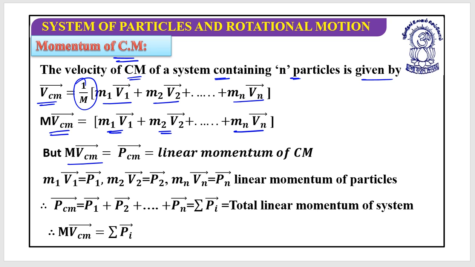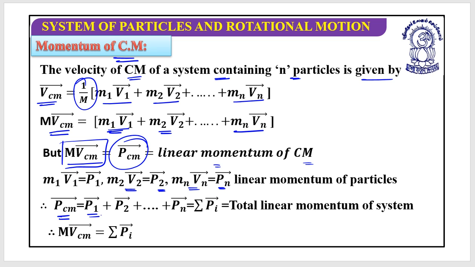But what is M vcm? In reality it is the momentum of center of mass, the linear momentum of center of mass of the system. So PCM equals m1 v1, which is p1, plus m2 v2, which is p2, up to mn vn, which is pn.